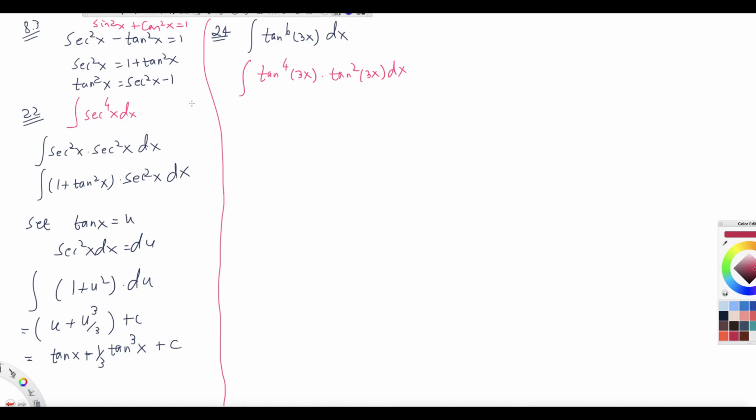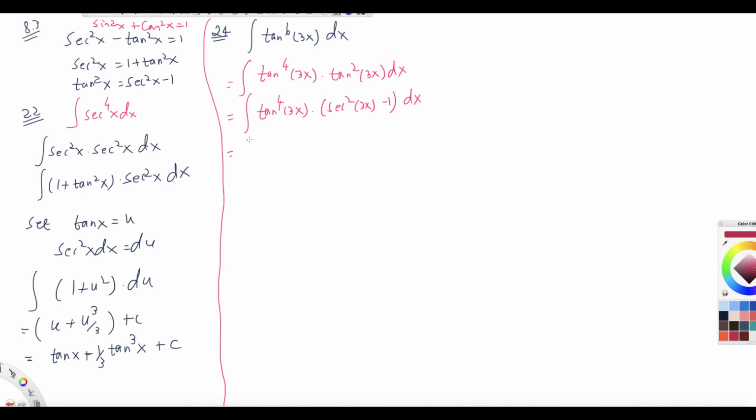So how do I do this then? That tangent square I want to change into secant square minus 1. So that can be written as tangent 4 3x times secant square 3x minus 1 and then dx. Right, now let us distribute that.